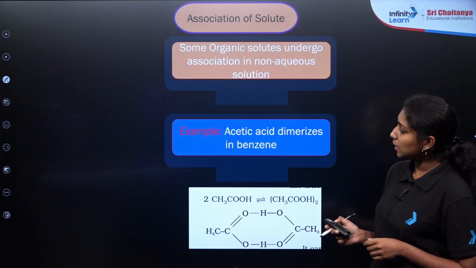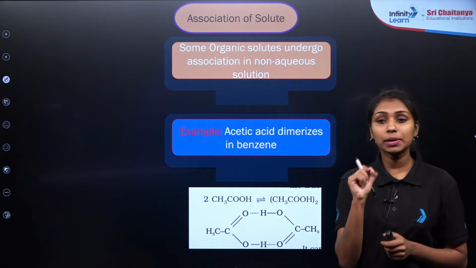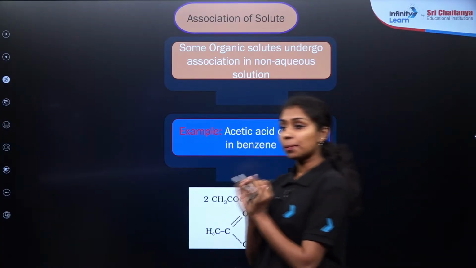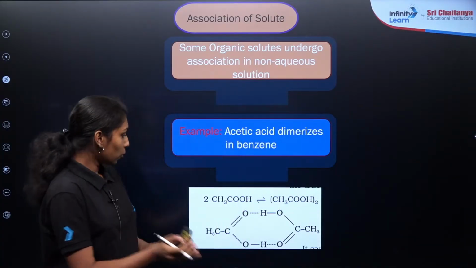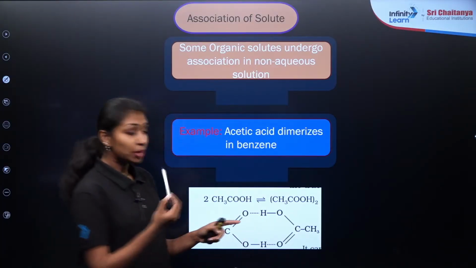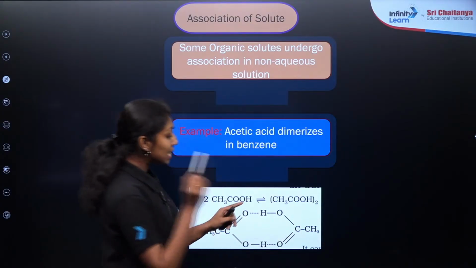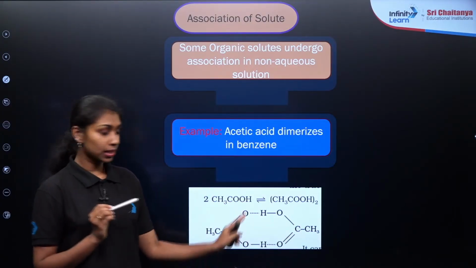So here is one example. For example, if you are taking acetic acid in presence of benzene, as we already know, this is the acetic acid molecule, right? This acetic acid molecule gets dimerized. 2 CH3COOH molecules get dimerized to form (CH3COOH)2, right?